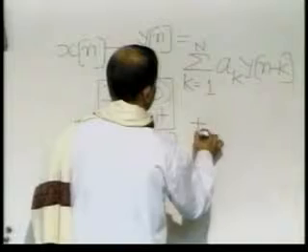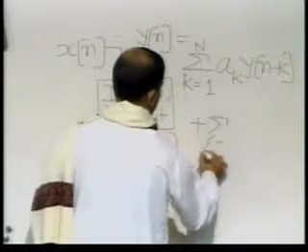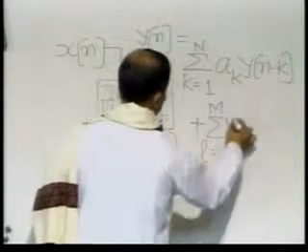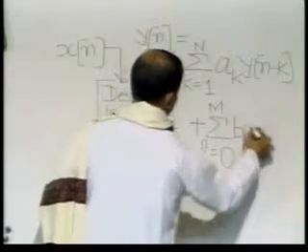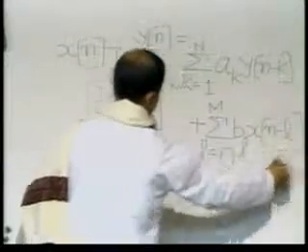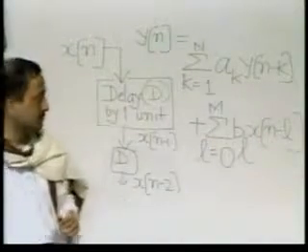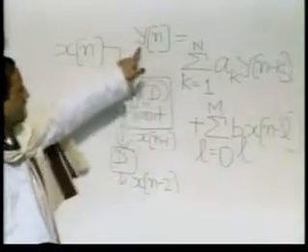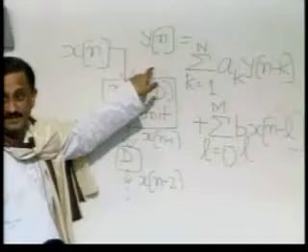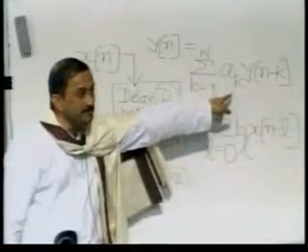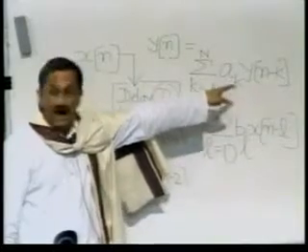plus. So we have the output at the current instant related to a linear combination of past outputs.